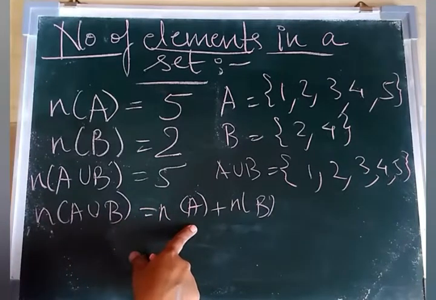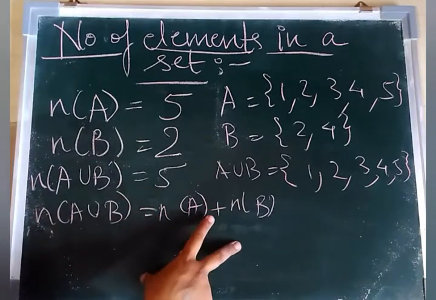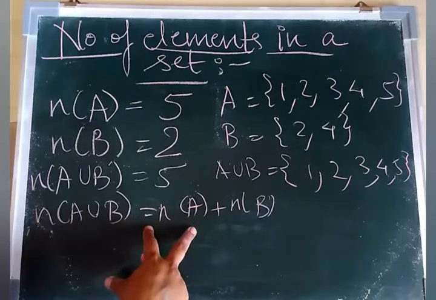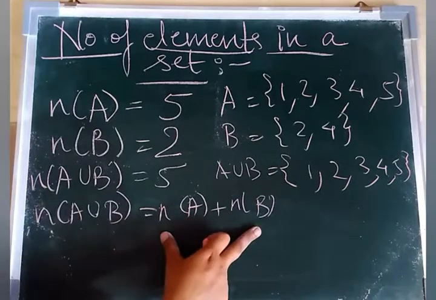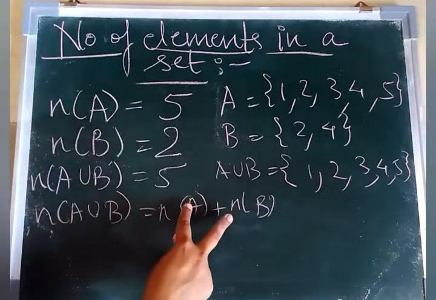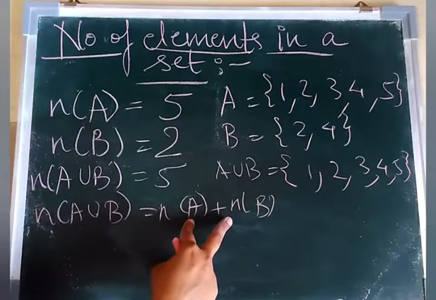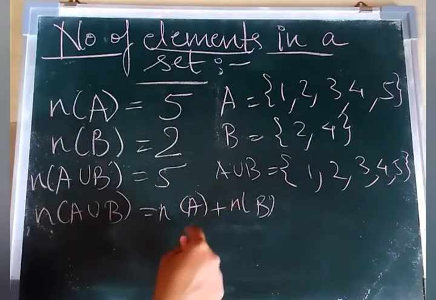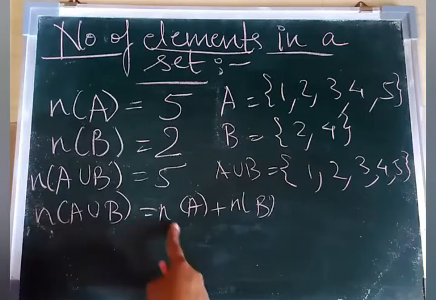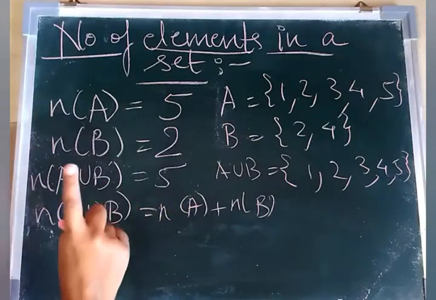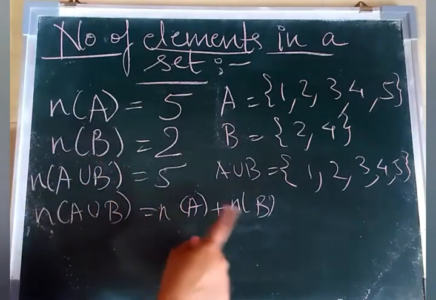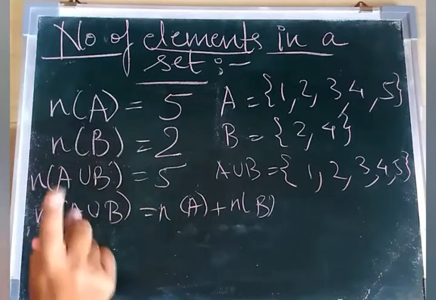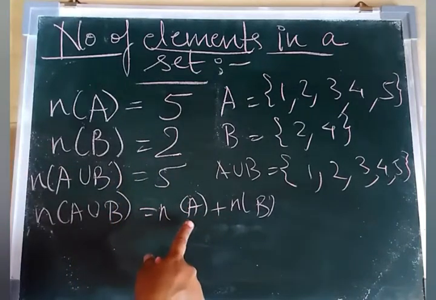Why is that so? This is happening because when I am adding n of A and n of B, I am counting the common elements in A and B twice, whereas in the union, we don't repeat any elements. So if there are common elements for A and B, we will write them only once.